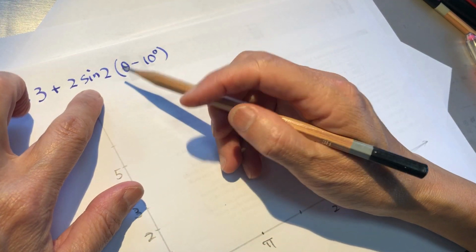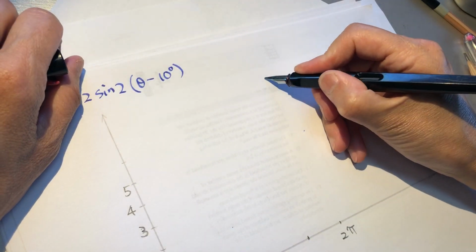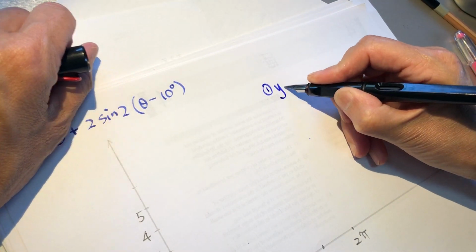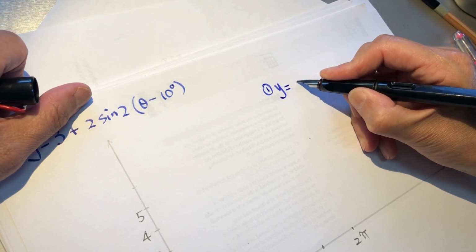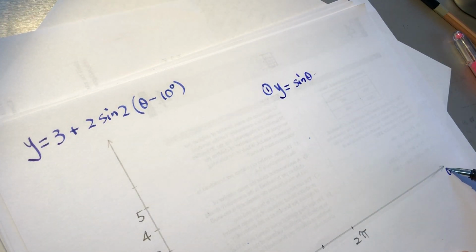For sine, the basic form, 1 rotation is 2 pi. So we start by writing down how we transform it. The most basic form is y equal to sine theta, right? So this is theta, this is the y value.